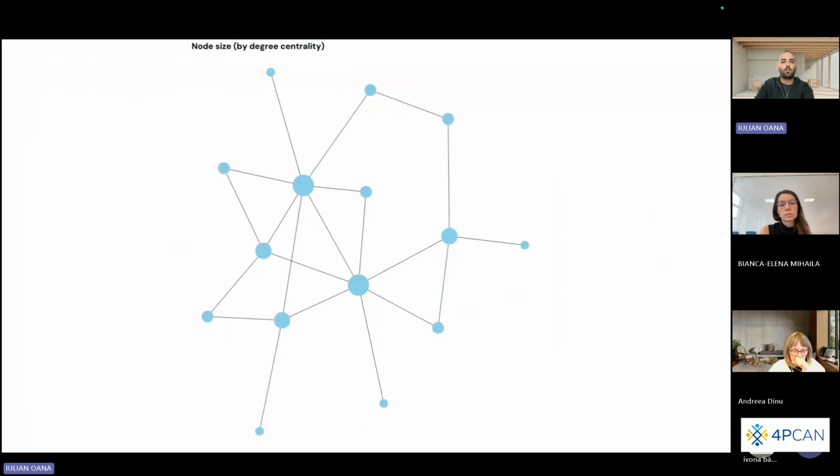For example, here we have a network of 15 individuals, and the size of the node is set by degree centrality, so by number of connections. And we see here that nodes with higher connections are the largest nodes, whereas those with only one or two connections are smaller.